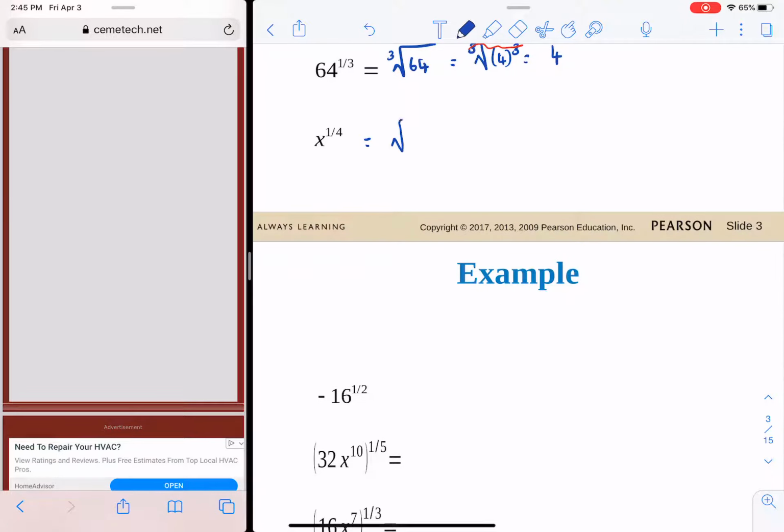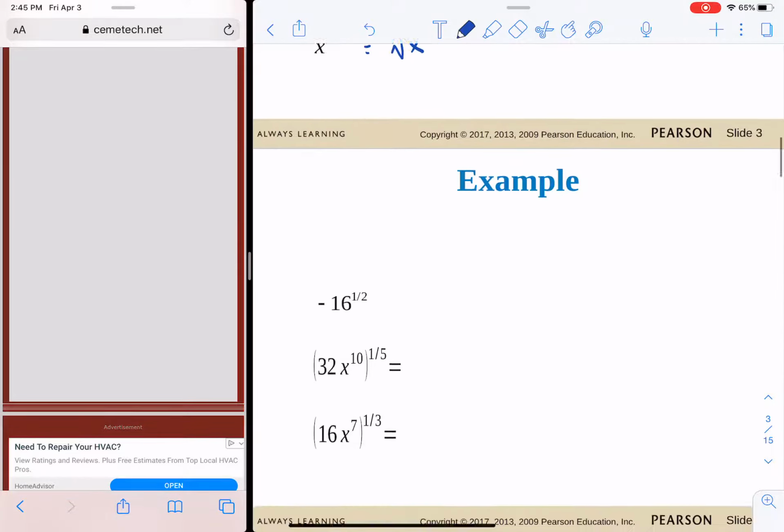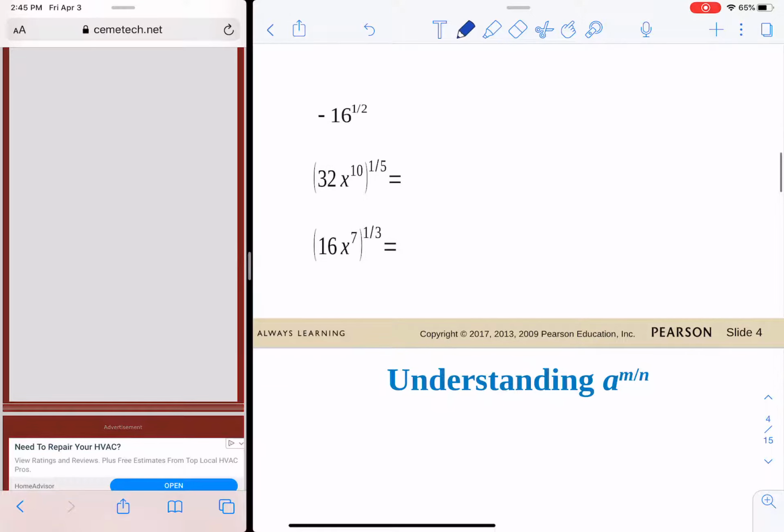Here we could simply write x raised to 1 over 4 as the fourth root of x. Now, we have to be careful about negative 16 raised to 1 over 2, because the negative is outside the root. So this would be negative times the square root of 16.